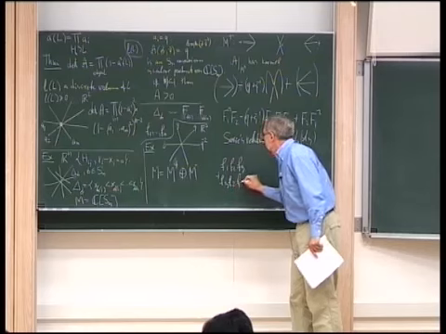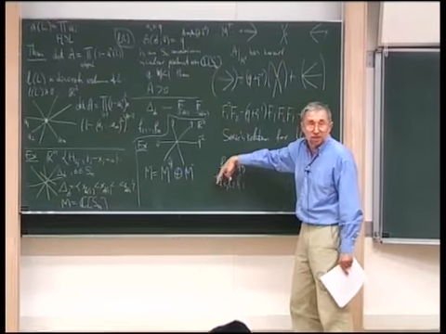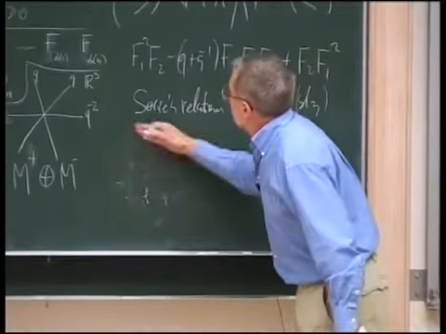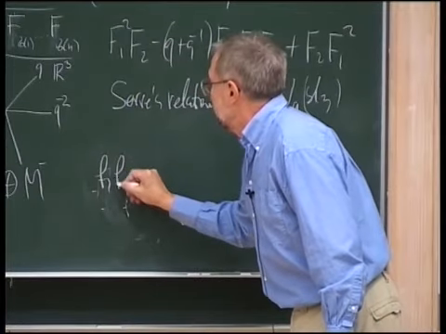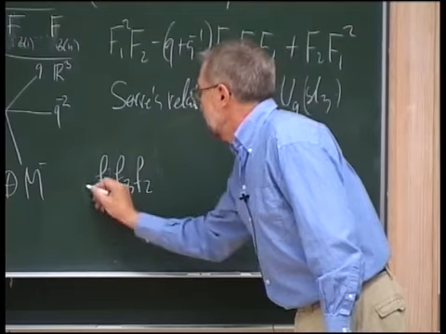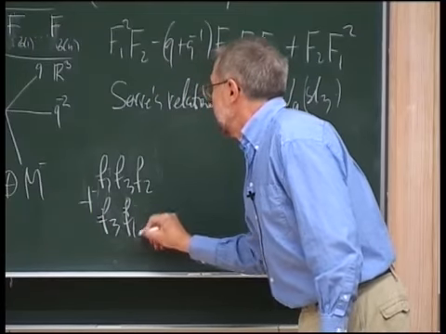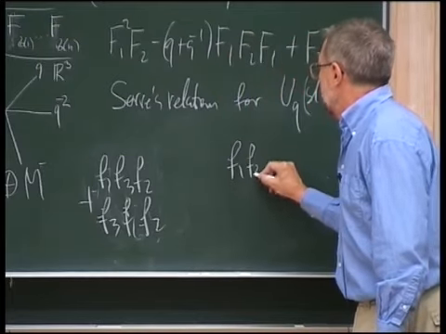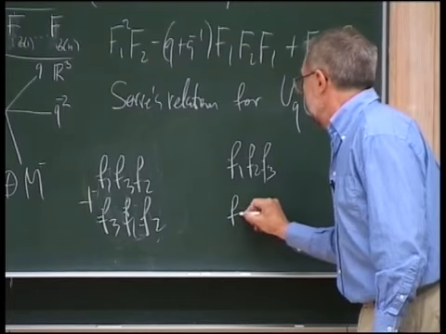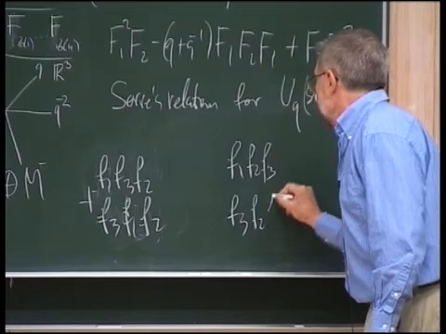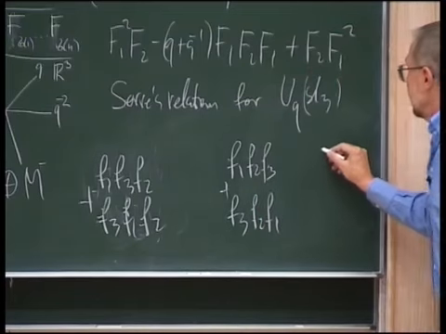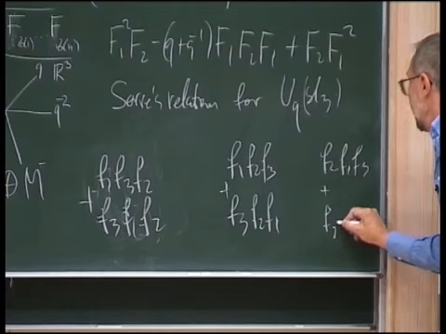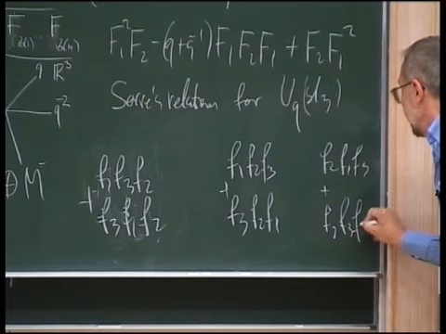The left is f1, f3, f2 plus f3, f1, f2. That one is f1, f2, f3, f3, f2, f1. And the other is f2, f1, f3 plus f2, f3, f1.